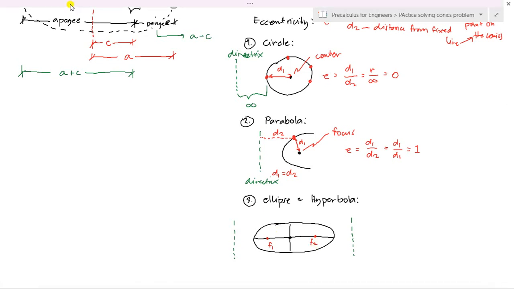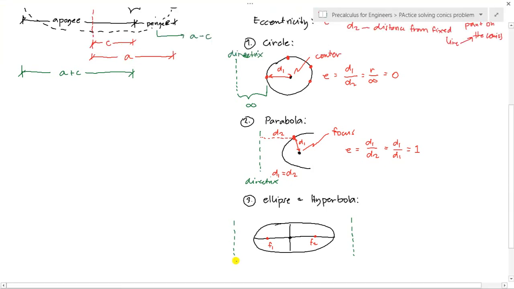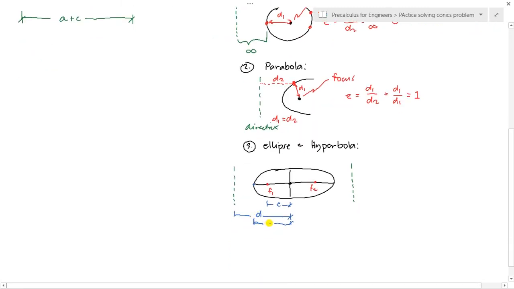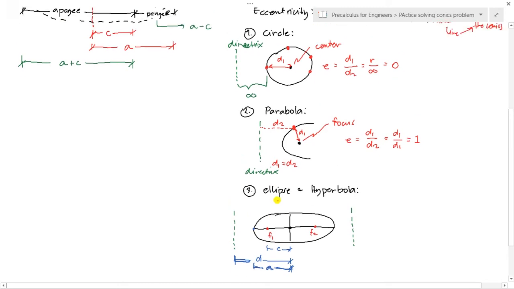So, the distance from the center to the directrix, ang sukod niya is D. This is D. And then the distance from focus to the center is C. And the distance from the vertex, naa tay vertex diri, this is A. Okay, so the same thing sa right side. So by definition sa eccentricity for any conics, that is the ratio of D1 and D2.